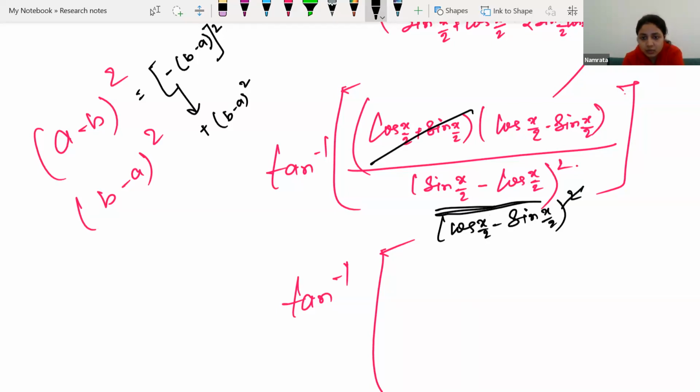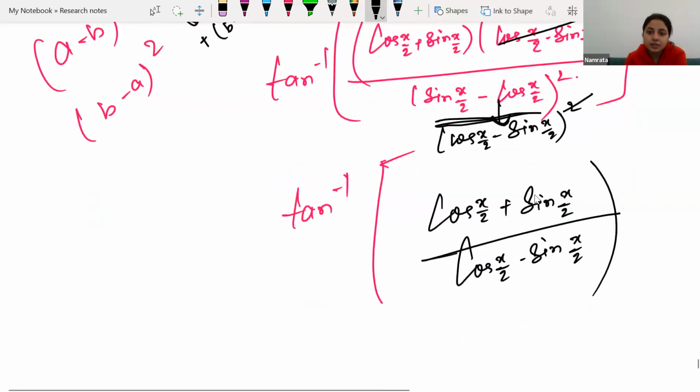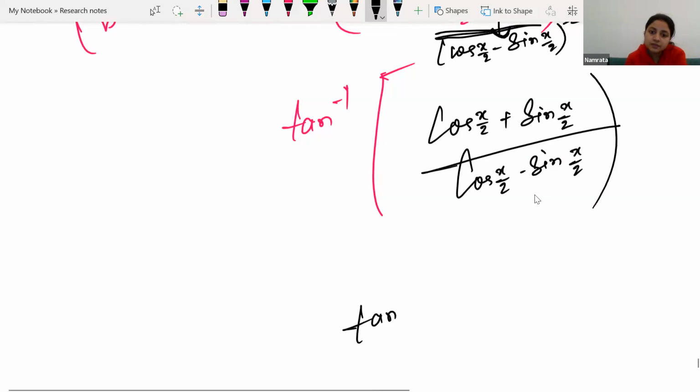We need to cancel out the negative one, this one with this one. So we are having cos x by 2 plus sin x by 2 over cos x by 2 minus sin x by 2, which can be written as tan inverse.